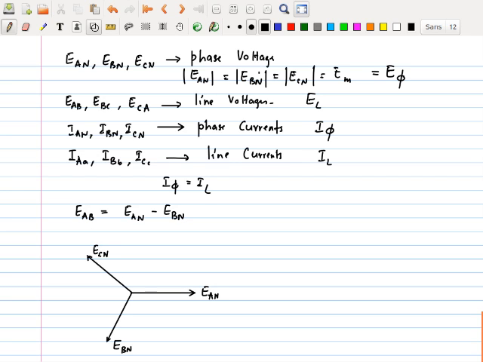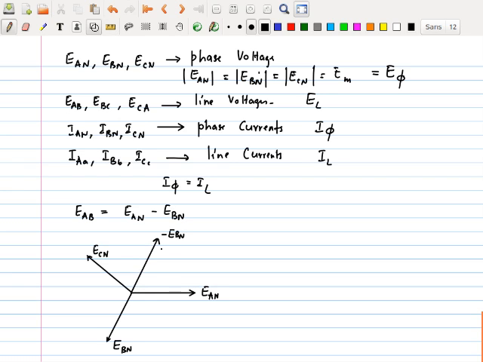Every one of them is 120 degrees apart. Now, if I am going to take EAN minus maybe EBN, what I should do is this is going to be plus, and then minus EBN is going that way, right? It's going that way. So I will write it as minus EBN.